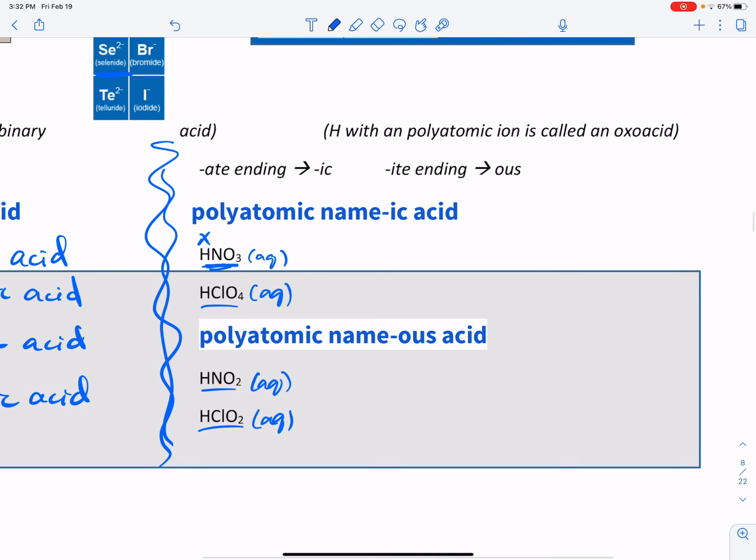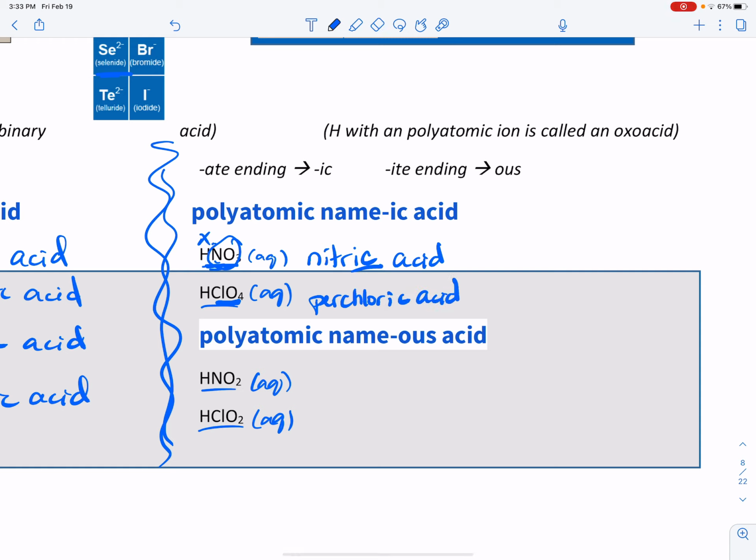So nitrate, that's a nitrate group. So it is nitric acid. Again, that's nitrate becomes nitric acid. This is perchlorate, that's its name. When it becomes an acid, again, it has that ATE ending, and so it becomes ic acid.